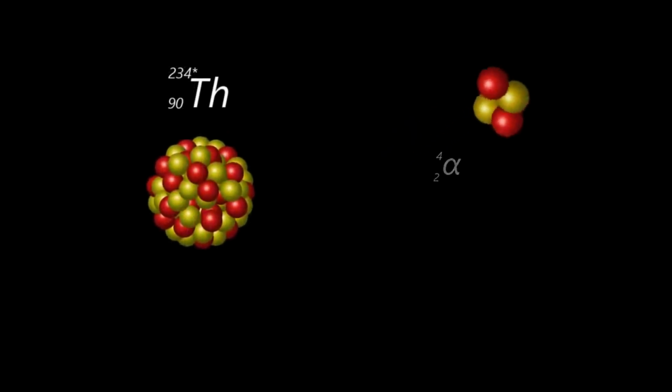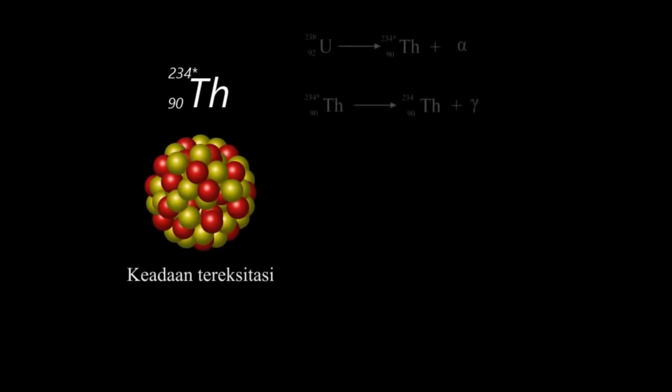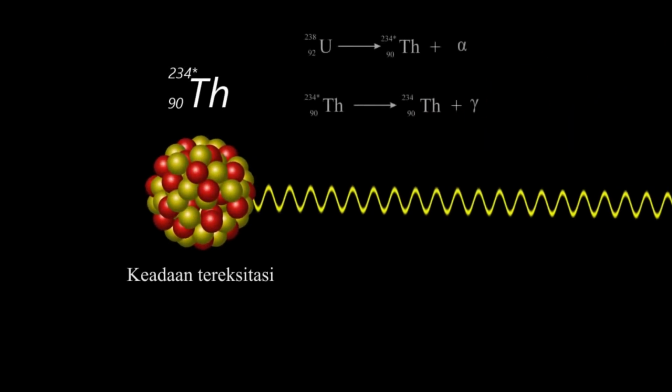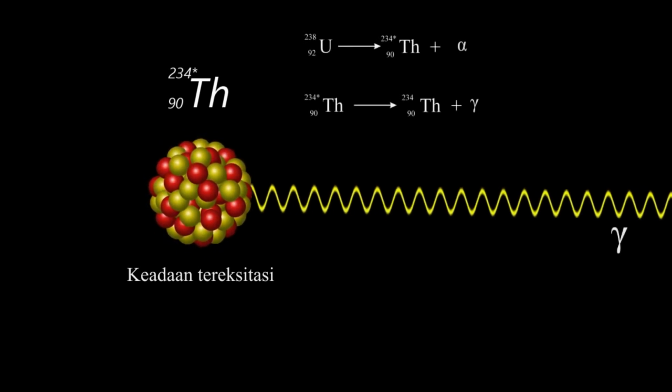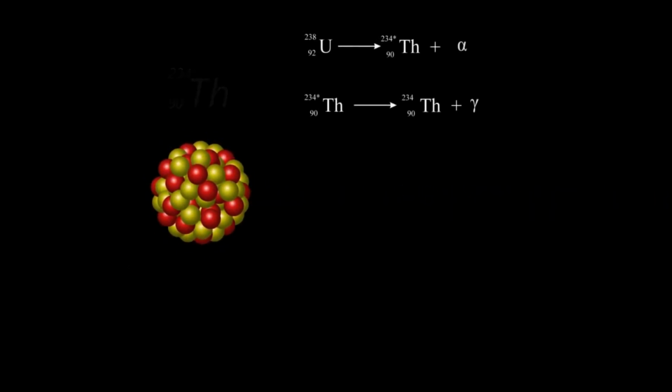And the last is gamma decay. After alpha and beta decay, the nucleus is usually excited. Like atoms, the nucleus will reach a ground state by emitting photons or electromagnetic waves known as gamma rays.